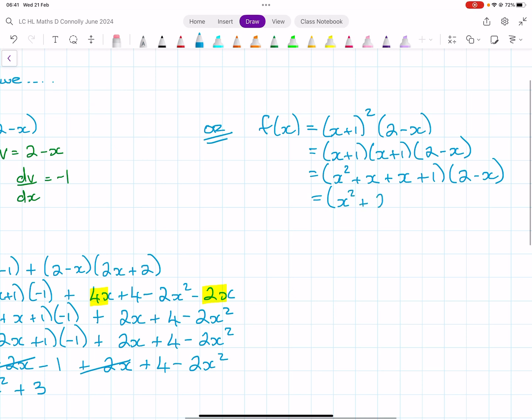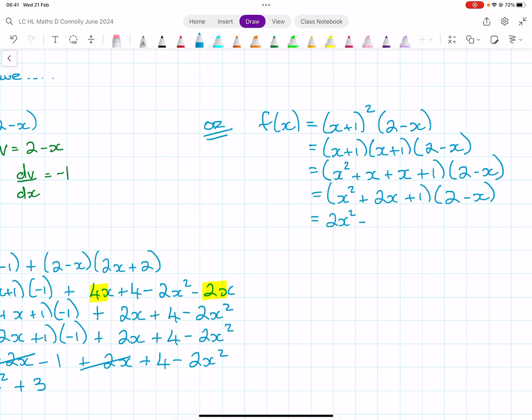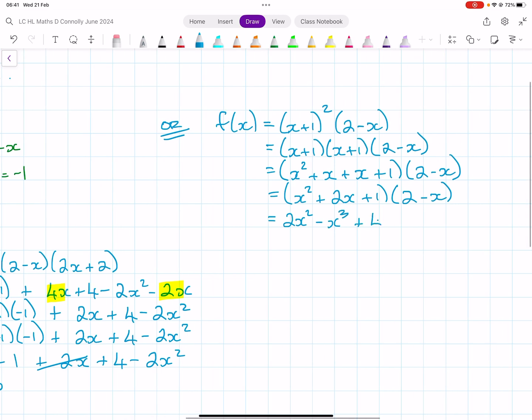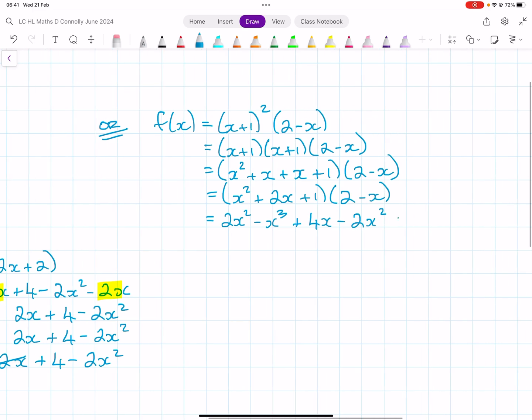X squared plus 2x plus 1 by 2 minus x. 2x squared minus x cubed plus 4x minus 2x squared plus 2x minus x.